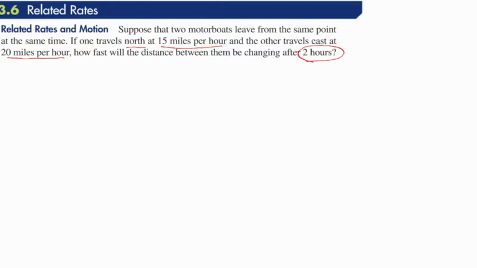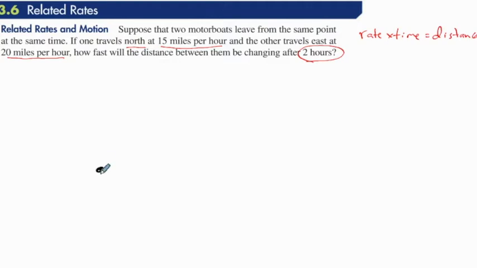Well, that's going to be helpful because we know their rate and we know their time. And rate times time equals distance. So that's going to be useful. Let's draw this.